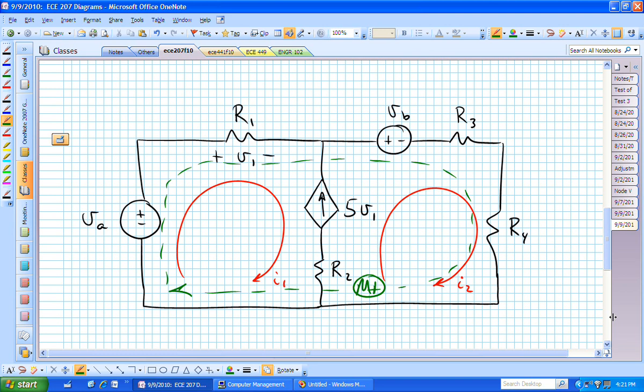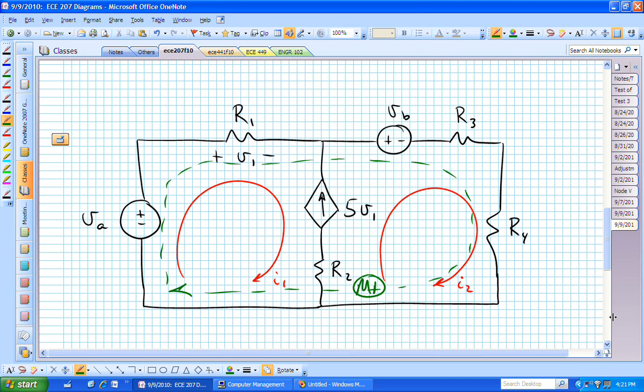We're trying to make those consistent with the direction that we're moving our currents or our paths around. So we're using the passive sign convention, and in this case, when we look at the first mesh, going from left to right, that drop is consistent with the direction of I sub 1, and so our polarity, if we really wanted to label it, would be positive from left to right.